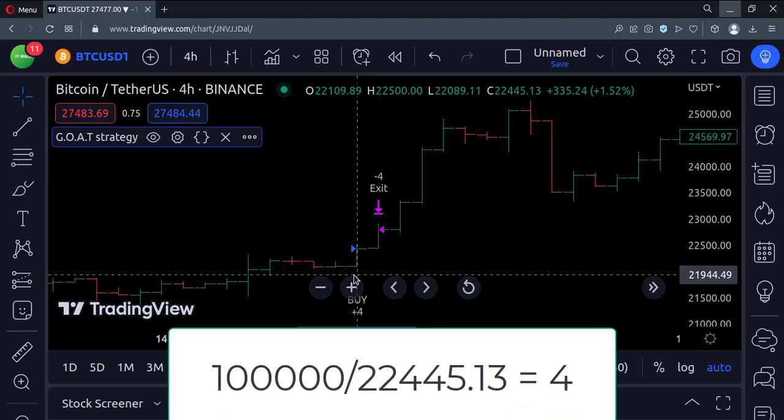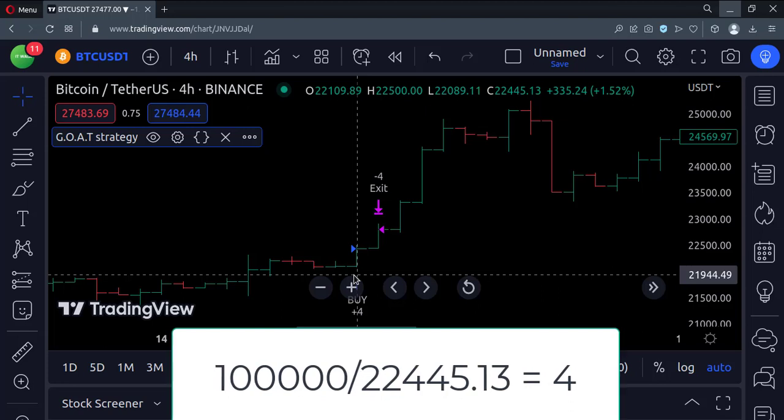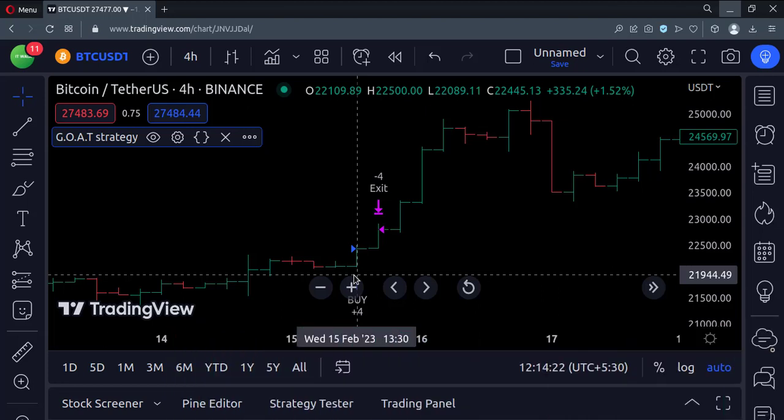So if you divide 100,000 by 22,445.13, then you will roughly get 4 as the result. This 4 is the number of units you can buy here. That is why in this trade we could buy 4 Bitcoins with the amount of 100,000. That is why the value 4 is written on the entry and exit candles. For different stocks and with different capital amounts, this value may vary accordingly.